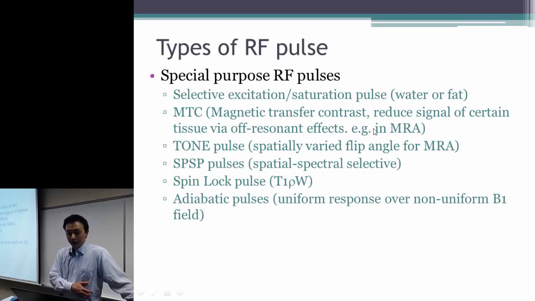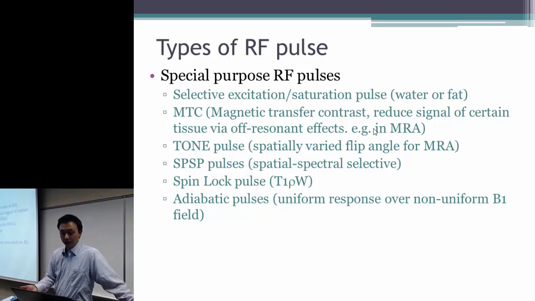Okay, we can also define an RF pulse in terms of its purpose. For example, we can call an RF pulse a selective excitation or saturation pulse. We have magnetic transfer contrast, which can be used to reduce the signal of certain tissues via its off-resonance effect. We have the tone pulse.